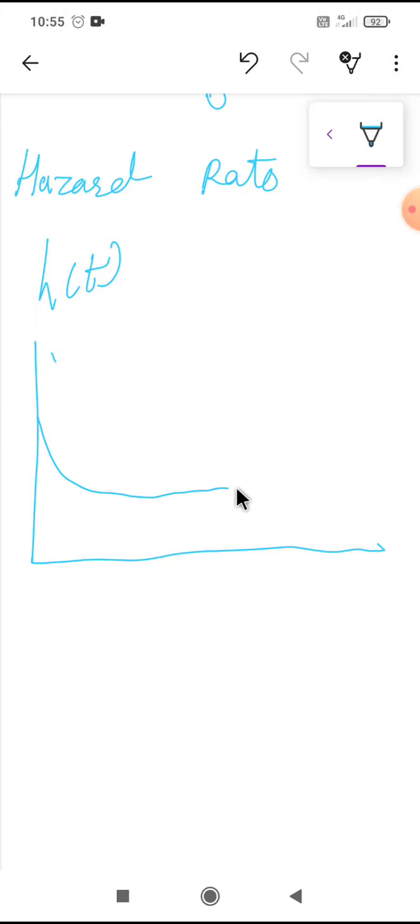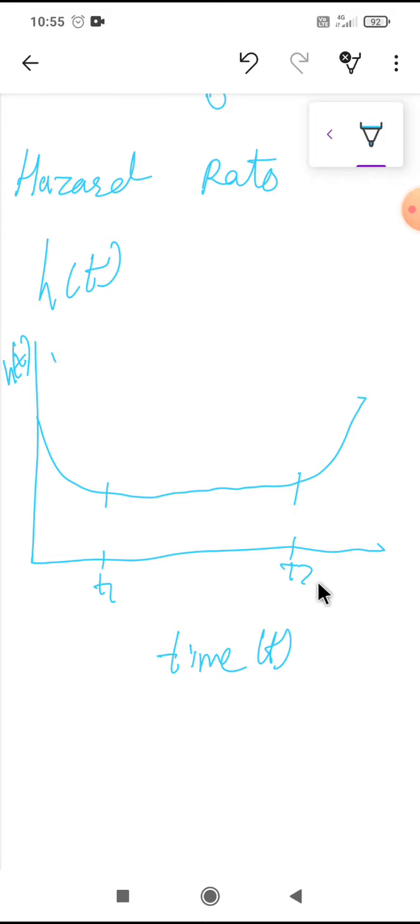On the x-axis there is time, that is t, and on the y-axis it is hazard rate, that is h of t. Suppose this is time t1 and this is time t2.